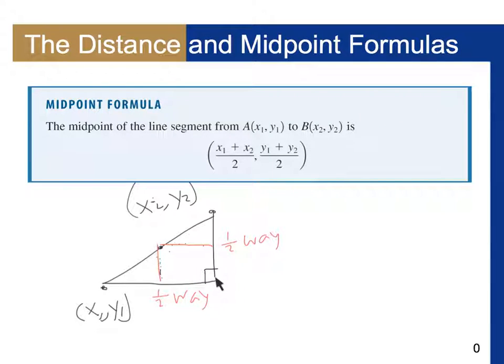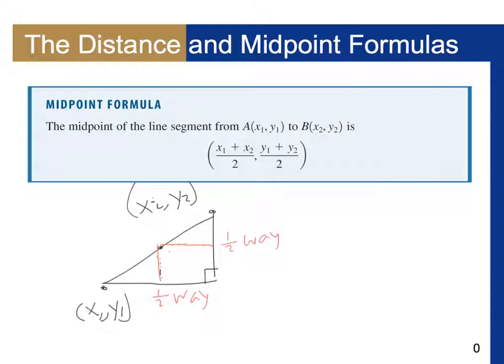So the x here is going to be halfway between the two x's, and the y here is going to be halfway between the two y's. So how we find the halfway point is we just take the average of the x's and the y's.